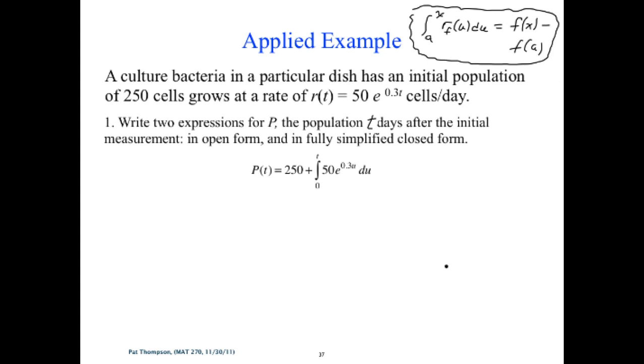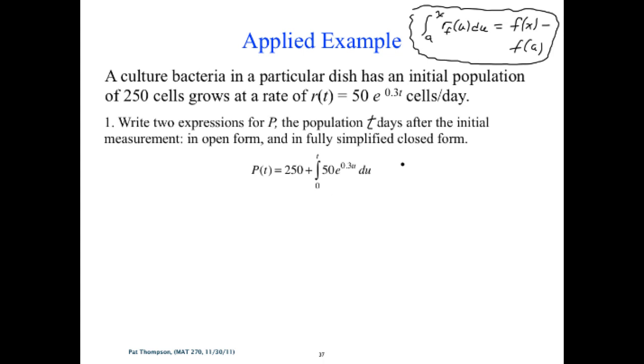to get closed form now, we're going to rewrite this using the fundamental theorem, right? That means we need the antiderivative, and we're going to evaluate it at t and 0 to get the net change from 0 to t, right? So your antiderivative is what function gives you this as its derivative?